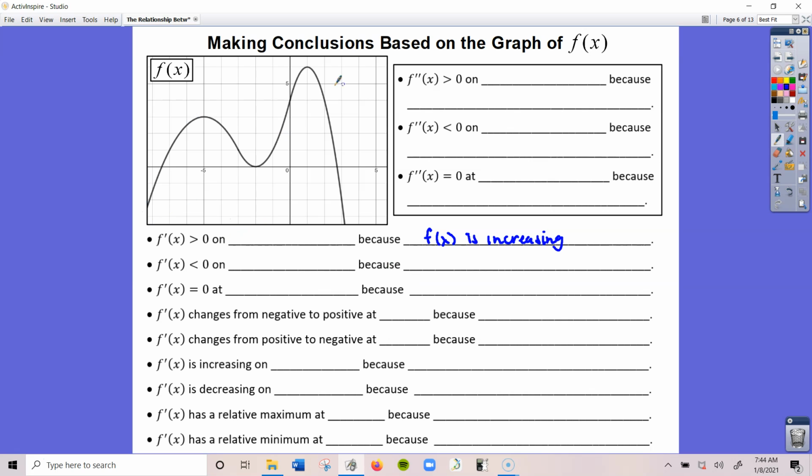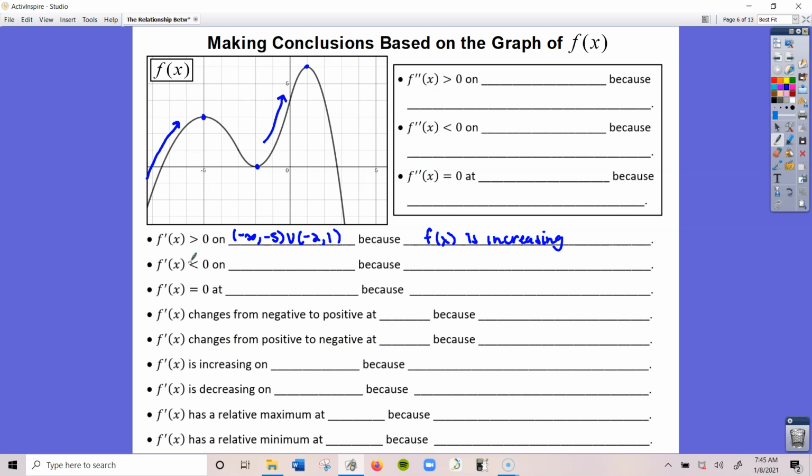So now I'm going to look on the graph where my function is increasing. Now we can see it is increasing from here to here and then from here to here. So we would say on the interval negative infinity to negative 5 union negative 2 to 1. And again, because f of x is increasing.